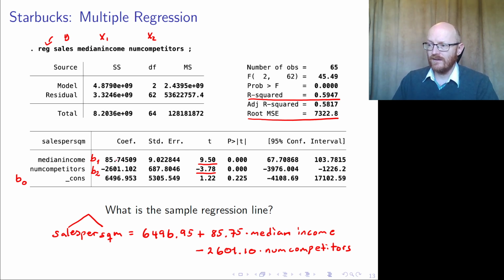So we know that these coefficients are adjusted for the correlation between these two explanatory variables. So that's no longer a problem. Okay.